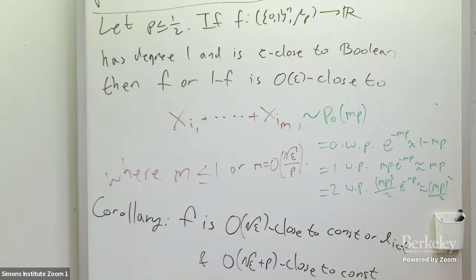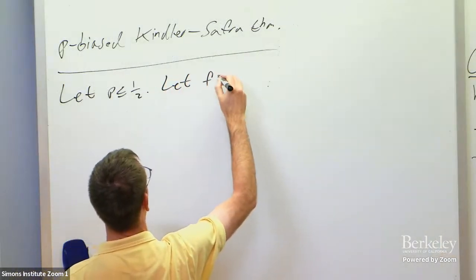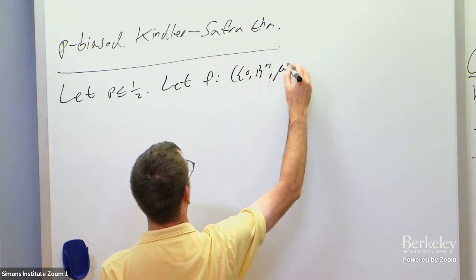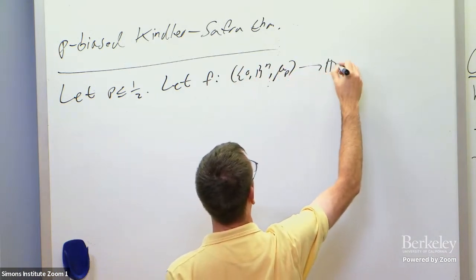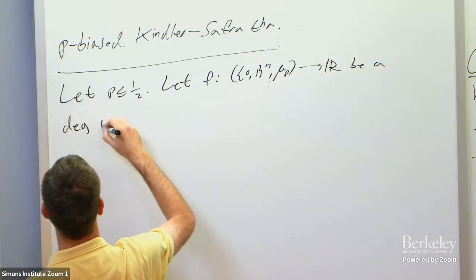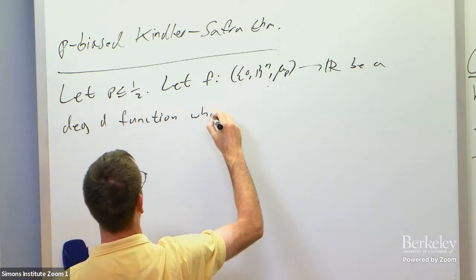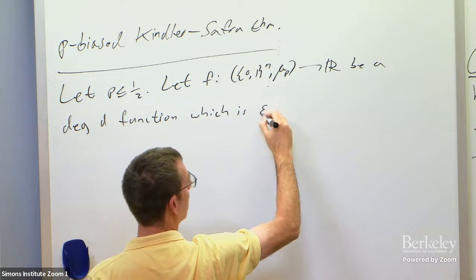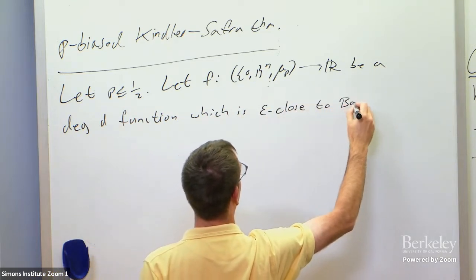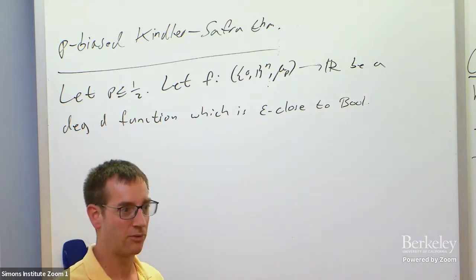So let P be at most a half. Let F from {0,1}^n with the mu_P measure to the reals be a degree D function, which is epsilon close to Boolean. So degree D function just means that you can write it as a degree D polynomial.